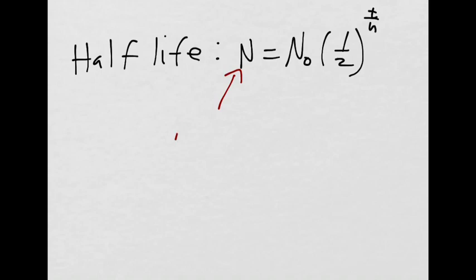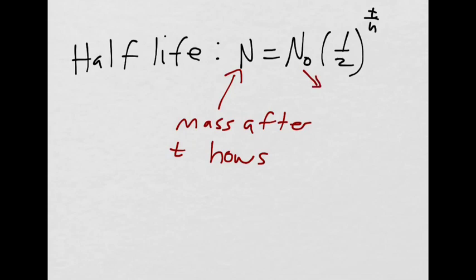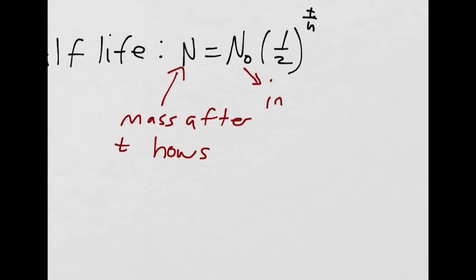That's the amount, the mass. Yeah, it's the mass of your specimen after t hours. Okay, I was going to put a number, but mass makes a little more sense. So this is mass after t hours, after so many hours. Okay, N naught, what would that be? Initial mass. Yeah, the initial mass.